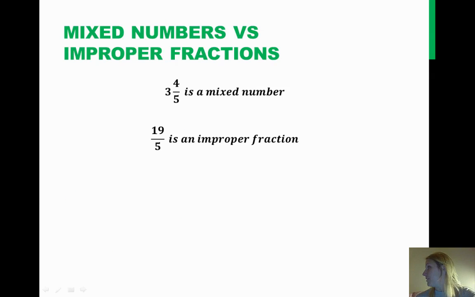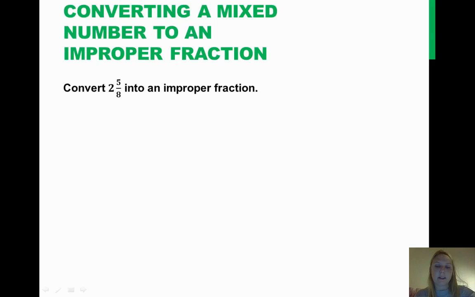So there are two different types of fractions. We have mixed fractions and improper fractions. A mixed fraction is one in which you have a whole number and a fraction next to it. So it's 3 4/5. That's a mixed number. And this one's an improper fraction. You can always say that the larger number is on the top and the smaller number is on the bottom.